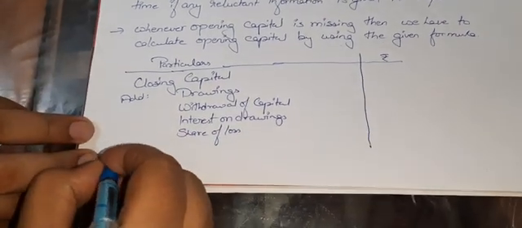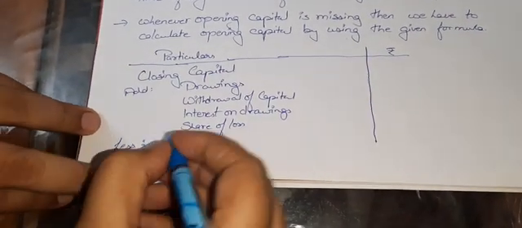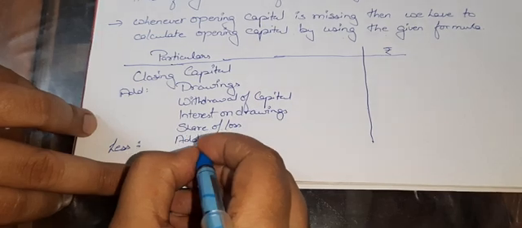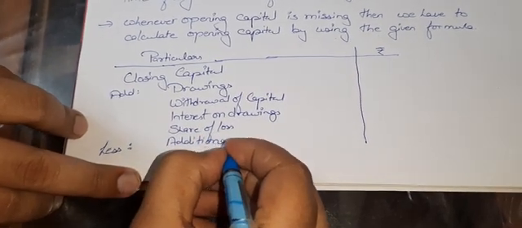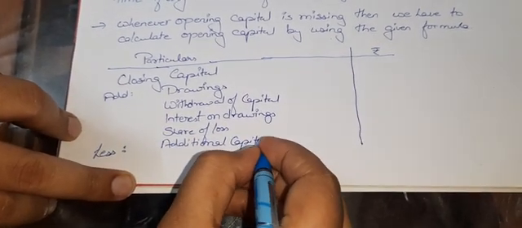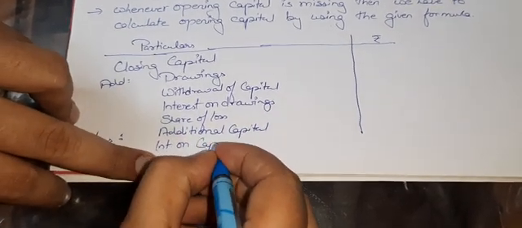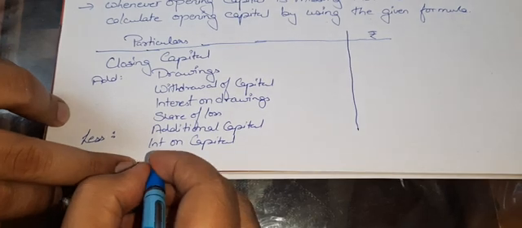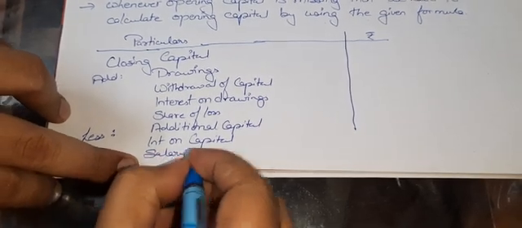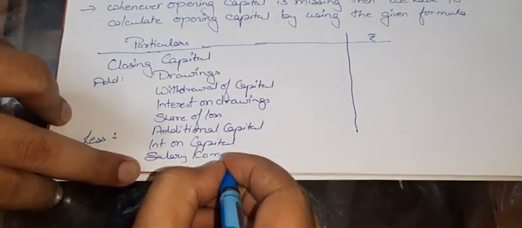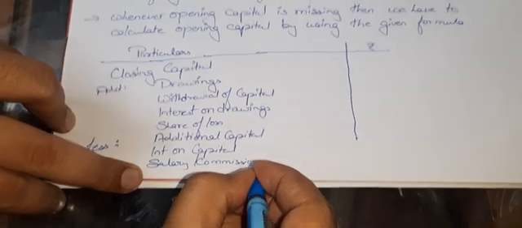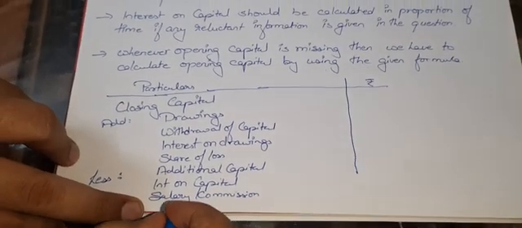And what other things should be subtracted? Less additional capital, interest on capital, salary or commission, and share of profit.